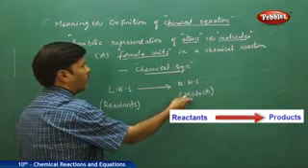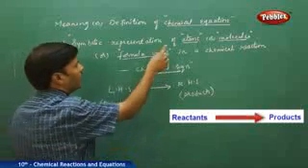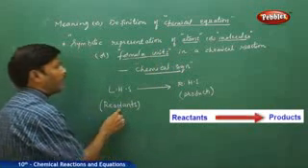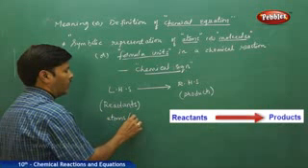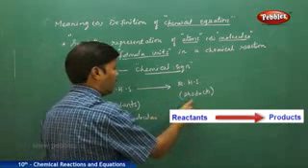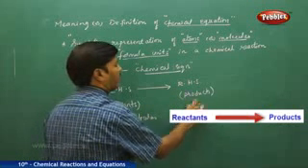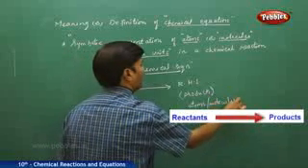These reactants and products in a chemical equation are again made up of species: reactants are made up of atoms or molecules, and again the products are also atoms or molecules.